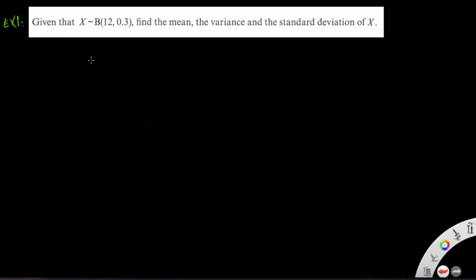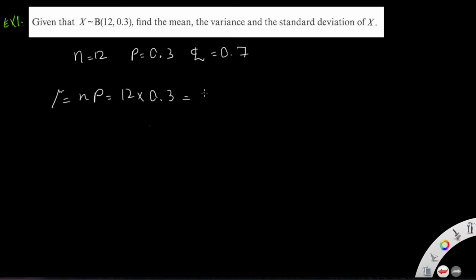Example number 1, given that X has binomial distribution with parameters 12, so n is 12, and p is 0.3, therefore q is 0.7. Find the mean, the variance, and the standard deviation of X. Now, in order to find the mean, we use the formula np, 12 times 0.3, giving you an answer of 3.6, and variance will be npq.